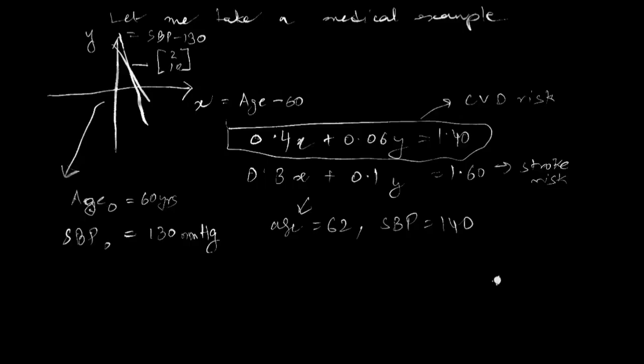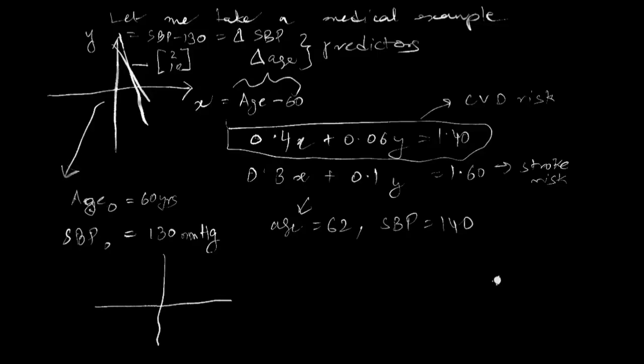Now, if you look at the output, so this was the input space, right? So what is the input space about? The input space is essentially delta age, and this is essentially delta SBP. These are predictors, right? What is our output space? The output space is these values.